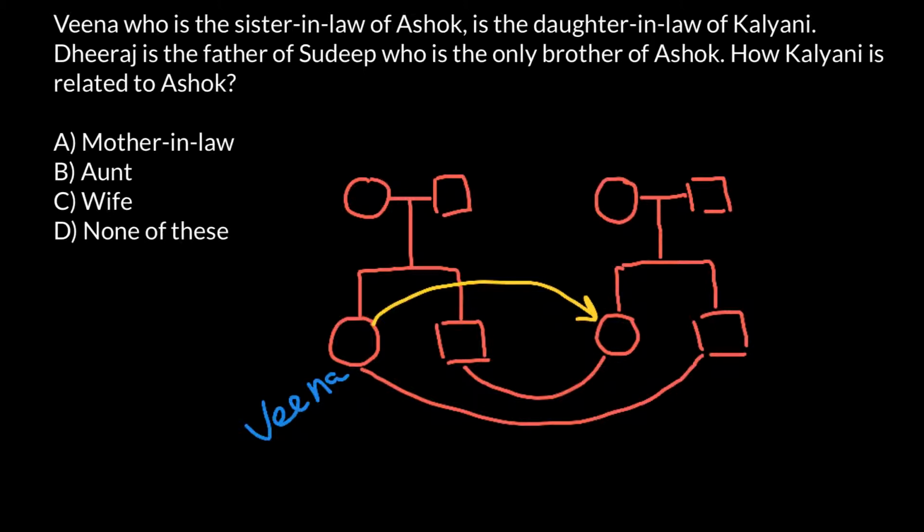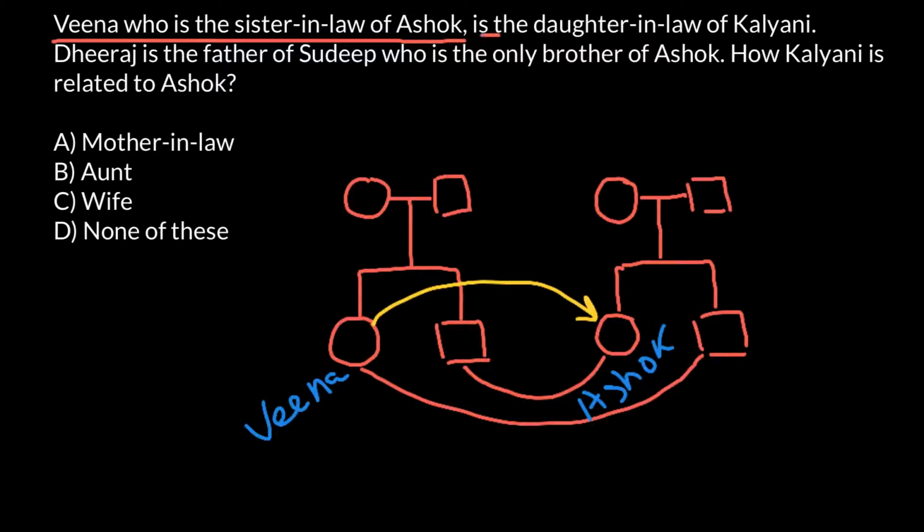So let's continue. So let me underline here. So Veena, who is the sister-in-law of Ashok. So this person here would be Ashok. She is a daughter-in-law of Kalani.